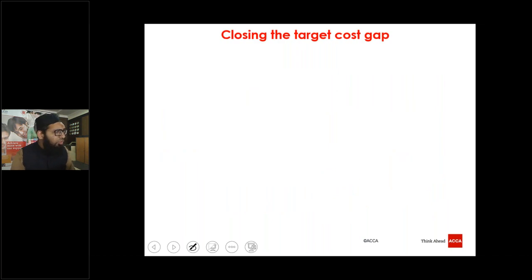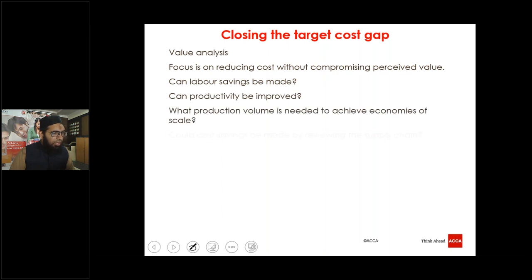Now let's discuss how to close the cost gap. So the ways to reduce the cost gap is we can do value analysis. And in the value analysis, we try to cut down those components, those features that do not add value, hence reduce the cost. Then we can see whether any labor savings can be made or not.